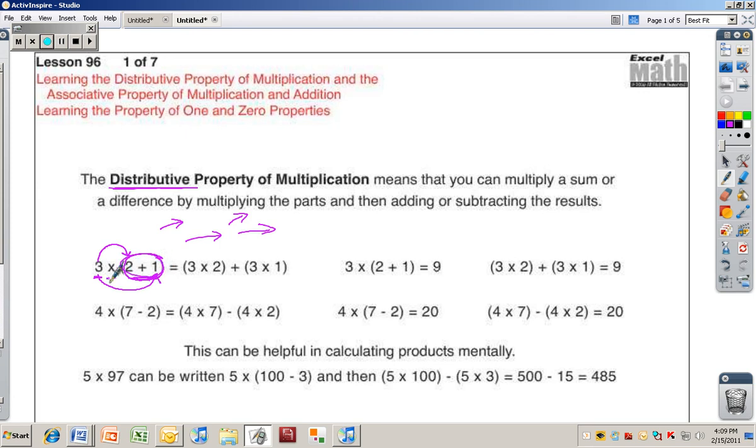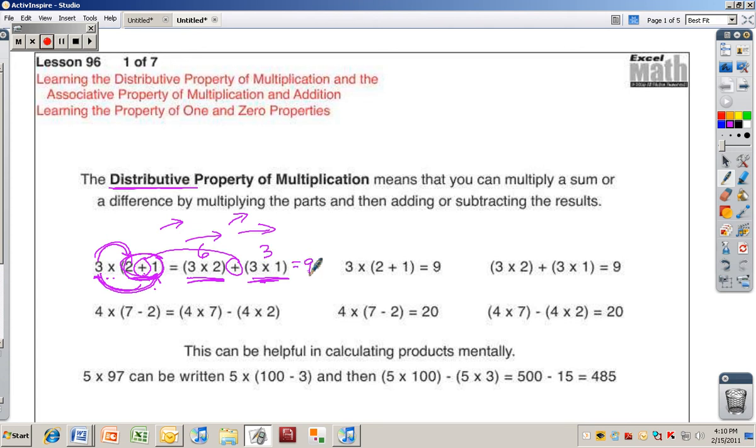So what this looks like when I distribute it is I distribute the 3 to the 2, that's written right here. Then I distribute the 3 to the 1, that's written right here. There's a plus sign in the middle because there's a plus sign right here in the middle. And 3 times 2, everybody write a 6 on your paper right here. And everybody write a 3 right here. 6 plus 3, and I want you to write equals 9.